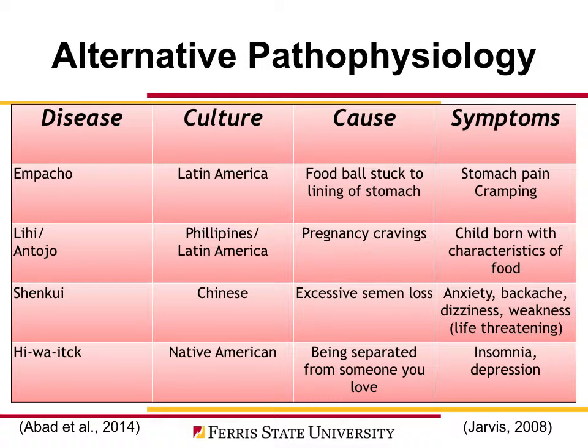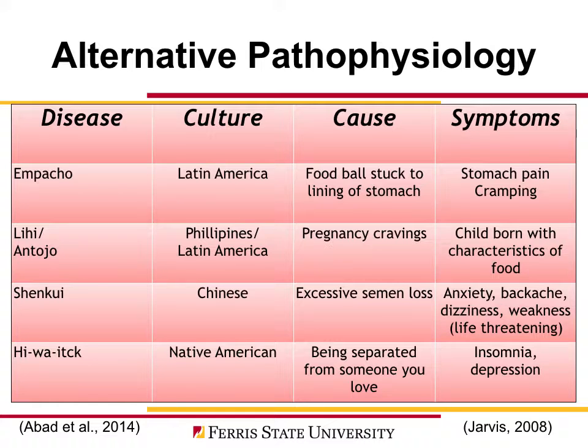On this next slide, we're going to look at symptoms and different diseases and pathophysiologies that cultures use to explain the symptoms. The first one is empacho. It's a disease in Latin America. The symptoms are stomach cramping and stomach pain, and they explain it as a food ball stuck in the lining of the stomach.